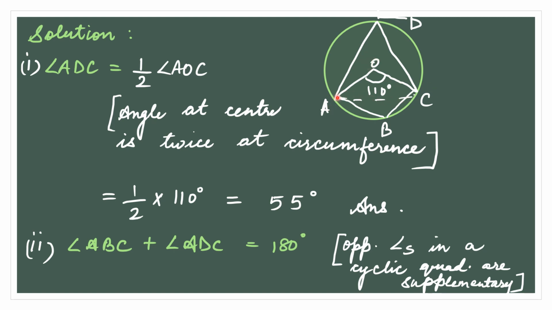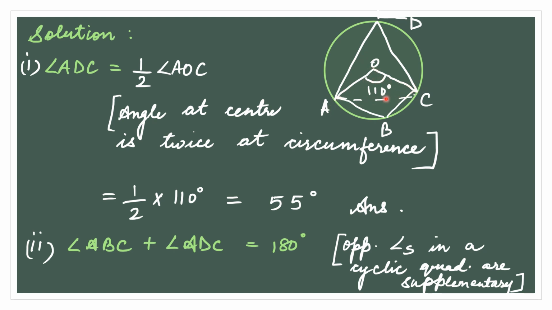Now for finding OAC, what do we have to do? We have to join A and C together. OA is equal to OC. We don't have to suppose, these are radii. So OA is equal to OC, so the opposite angles are also equal. Angle OAC is equal to angle OCA. And what about the three angles in a triangle?